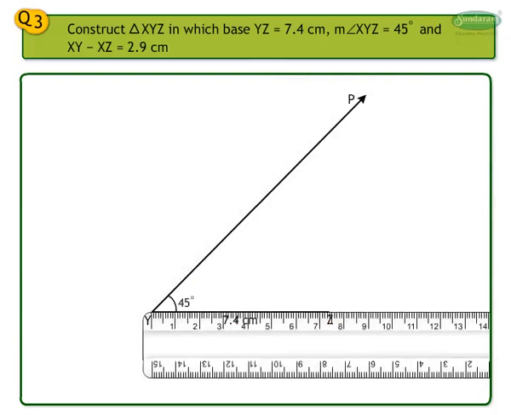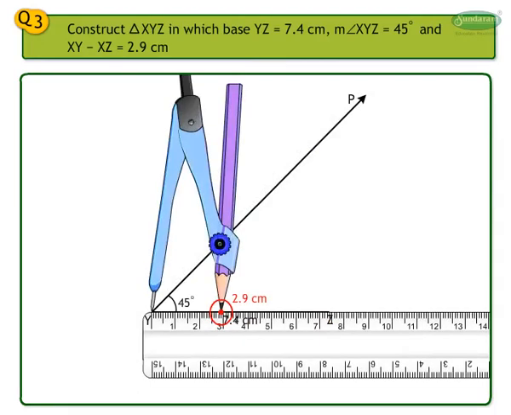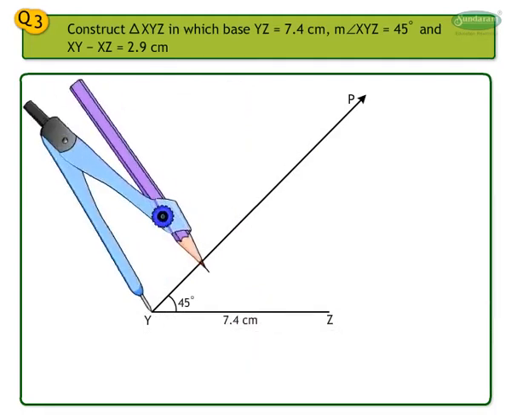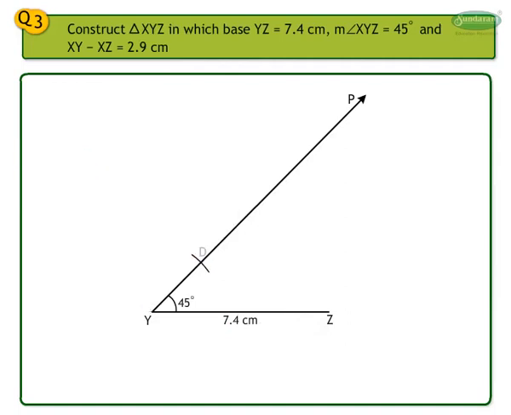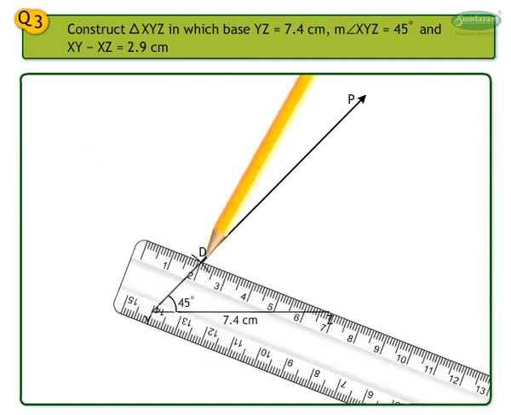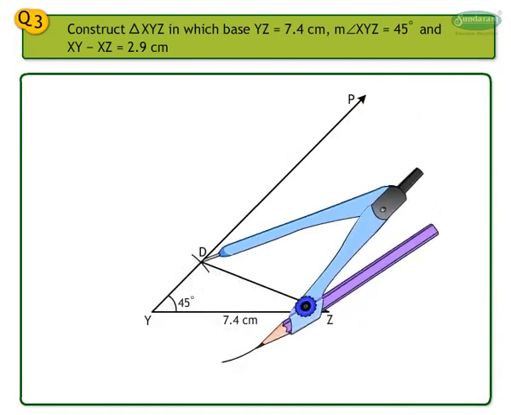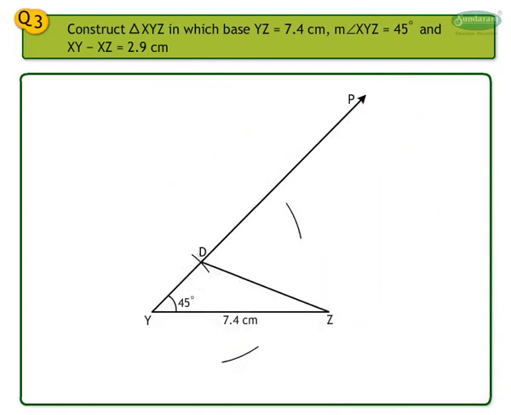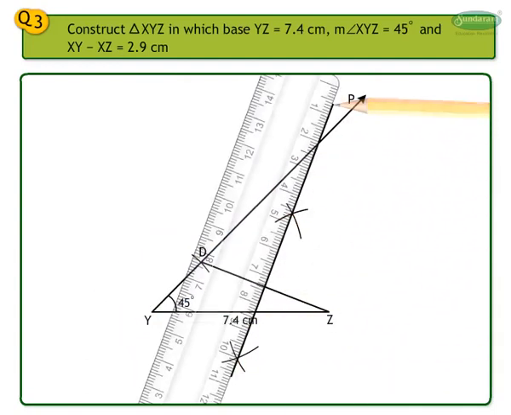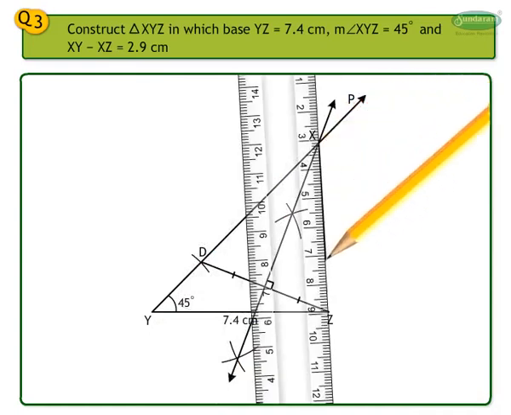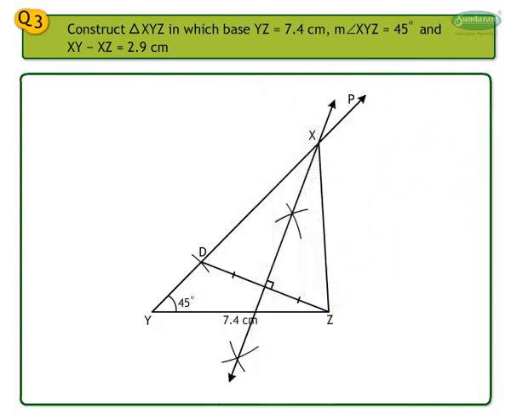Now take Y as center and with radius equal to 2.9 centimeters, draw an arc intersecting ray YP at point D. Join points Z and D. Draw perpendicular bisector of segment ZD intersecting ray YP at point X. Join points X and Z. We have constructed the required triangle XYZ.